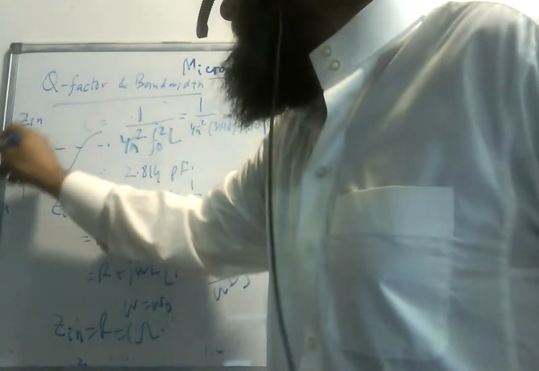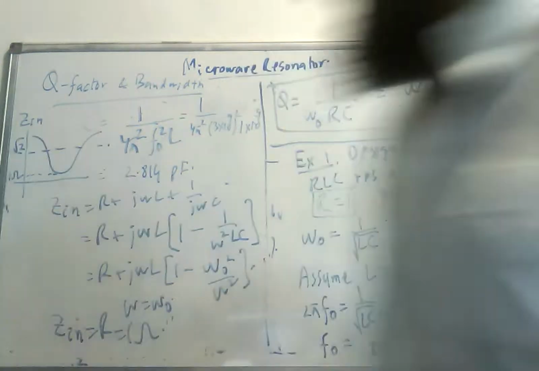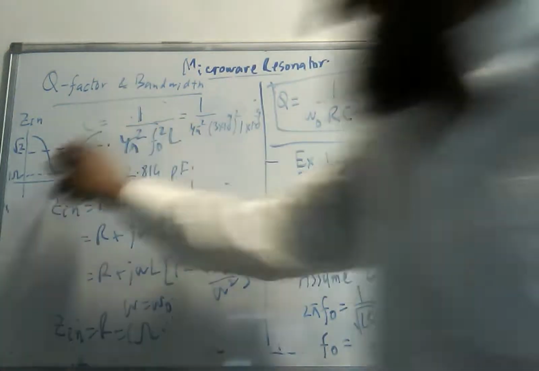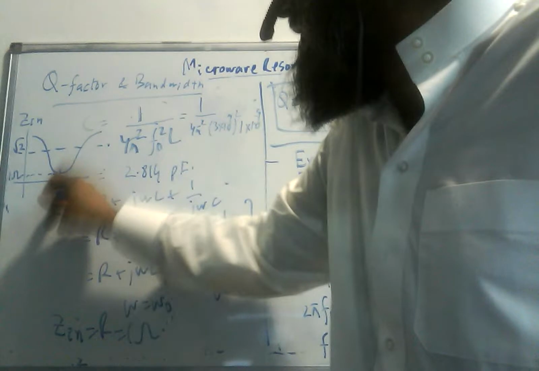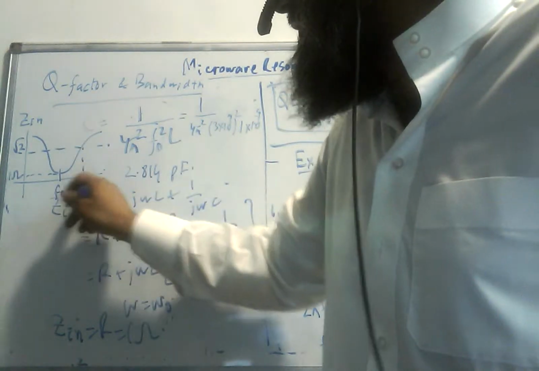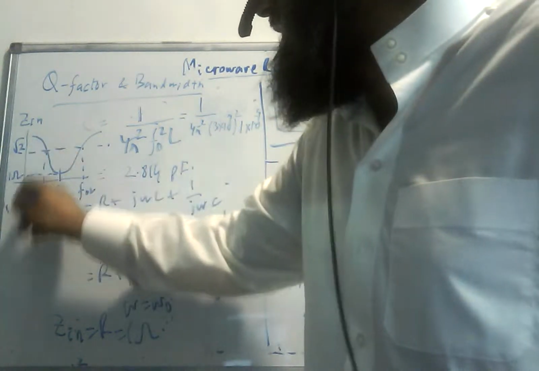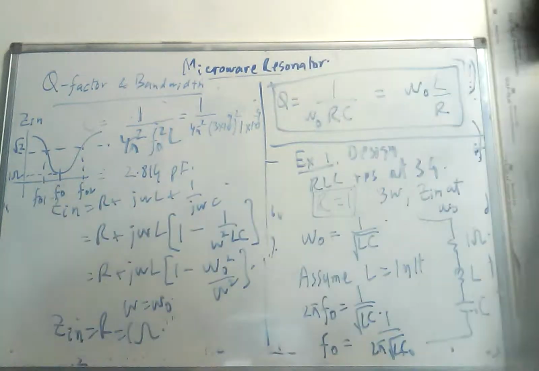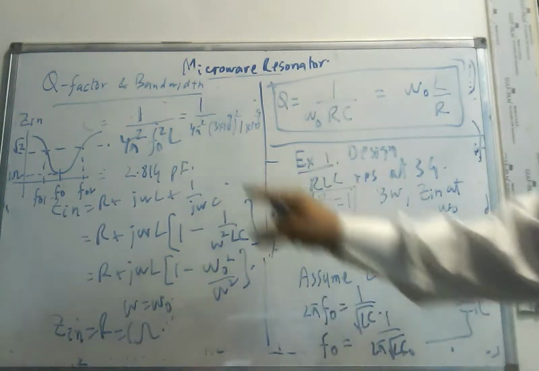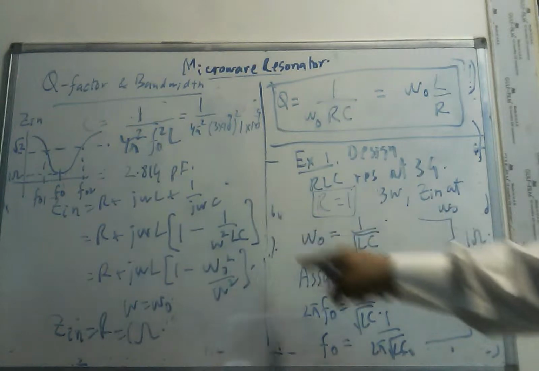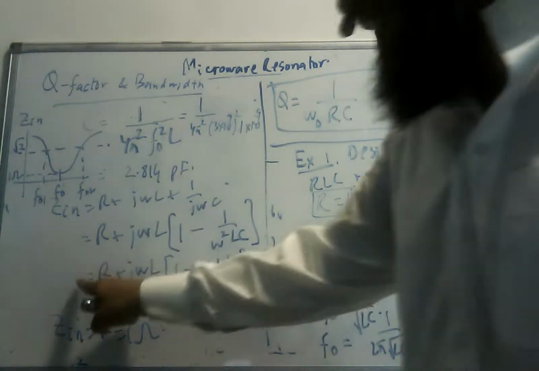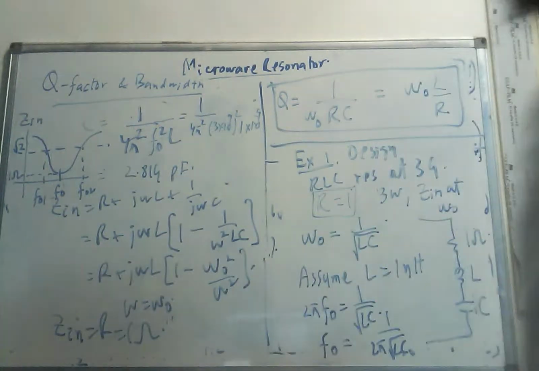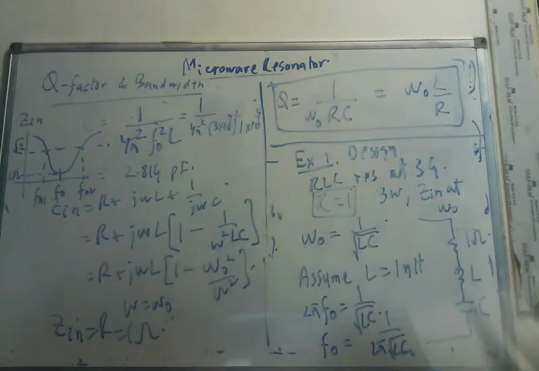So I need to have square root 2 here, square root 2 R, which is square root 2 ohms. So I need to find these points. So this is my F naught, and this is my F naught 2, and this is my F naught 1. You can find it from the equation by putting square root 2 here, but that is a little bit involved; we will do it in the next section and get a formula.